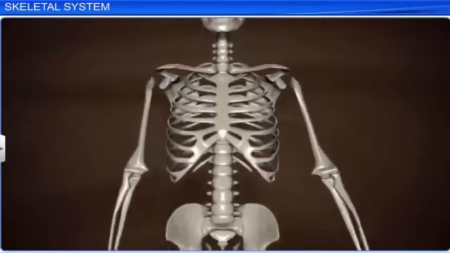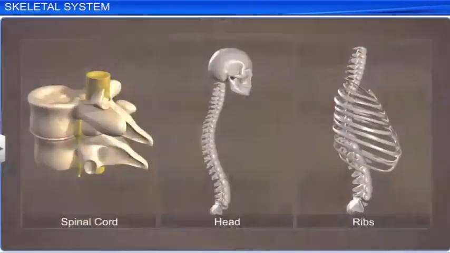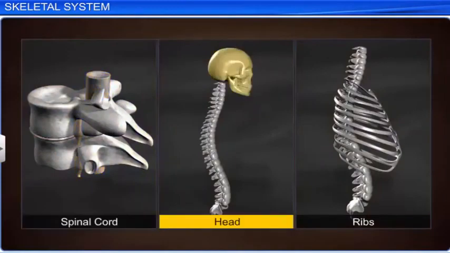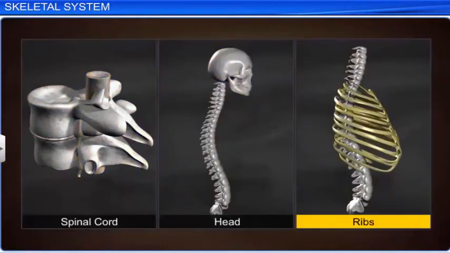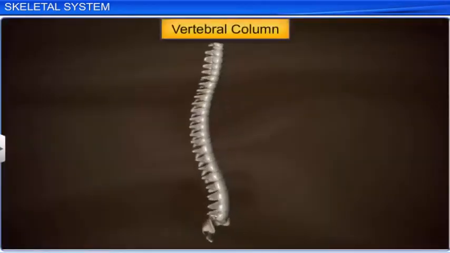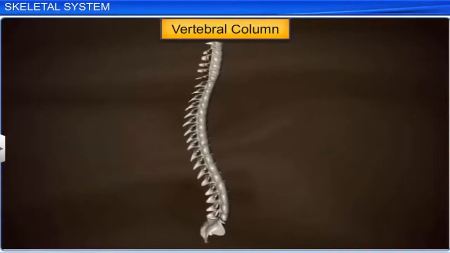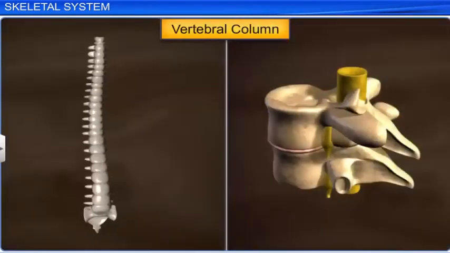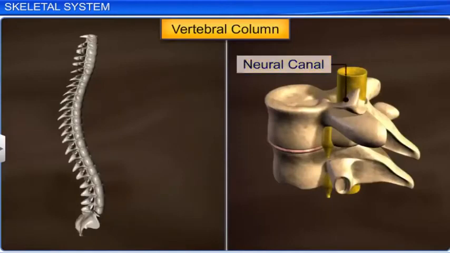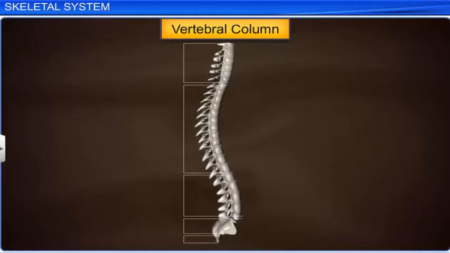The vertebral column has three main functions. It protects the spinal cord, supports the head, and serves as the point of attachment for the ribs. It consists of 26 differently shaped bones called vertebrae. Each has a central hollow portion called the neural canal, through which the spinal cord passes. The vertebrae are divided into 5 groups according to the region they occupy.